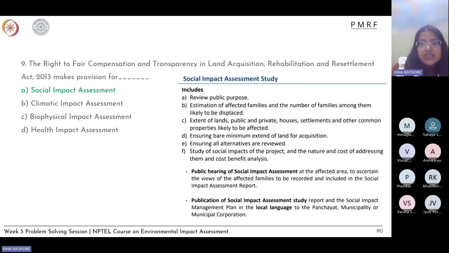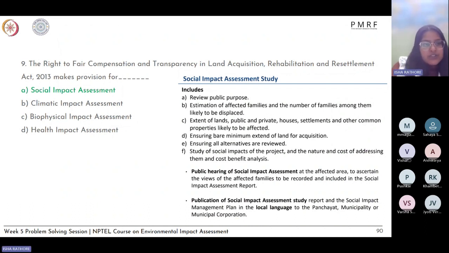If land acquisition was the last resort and all other alternatives have been reviewed, that also needs to be mentioned in this assessment study. Then any other social impacts of the project occurring because of this development activity, and their cost benefit analysis, need to be done. So this particular act makes provisions for social impact assessment. So A is the correct answer.